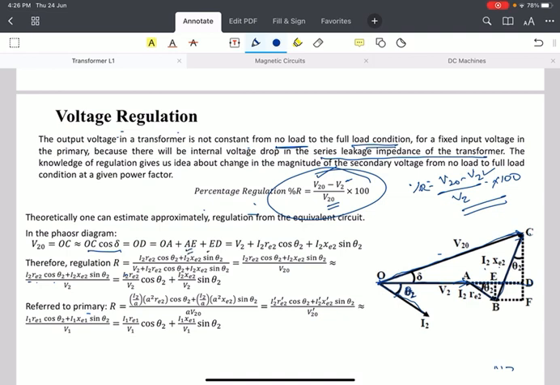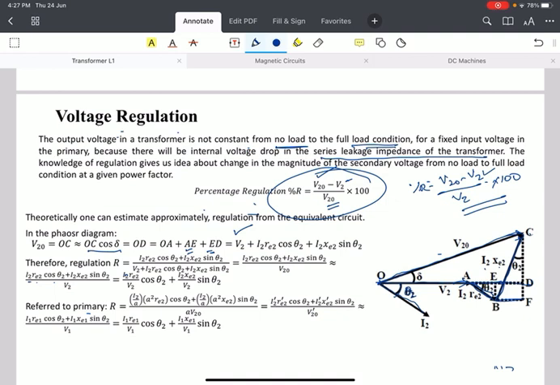So by substituting the values, we know that OA is equal to V2, and if this is I2R2, then this is I2R2 into cos theta, and if this is I2X2, then this line is I2X2 into sin theta.